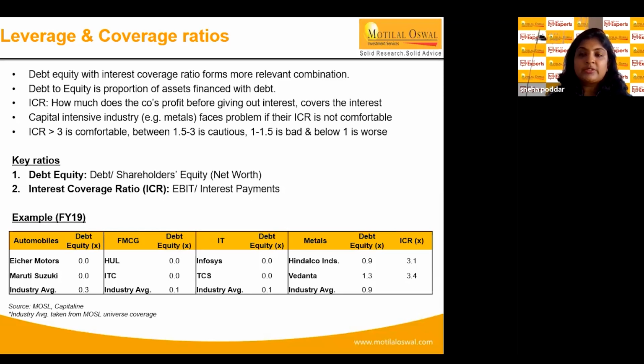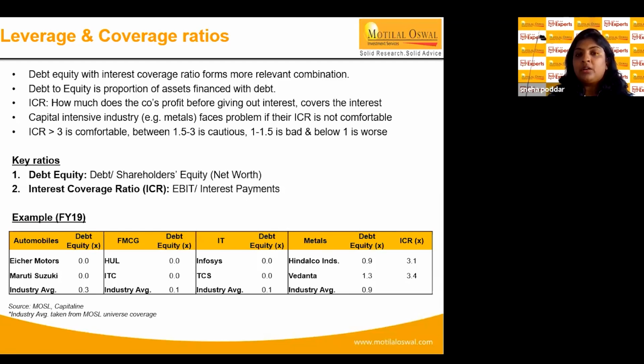If this ratio is anywhere between 1 to 2, then it's an alarming situation, because in a bad time, say in the current scenario, when revenue has literally halted for many companies and your expenses are still running high, you're not generating profit. In such a scenario, how will you service your interest?